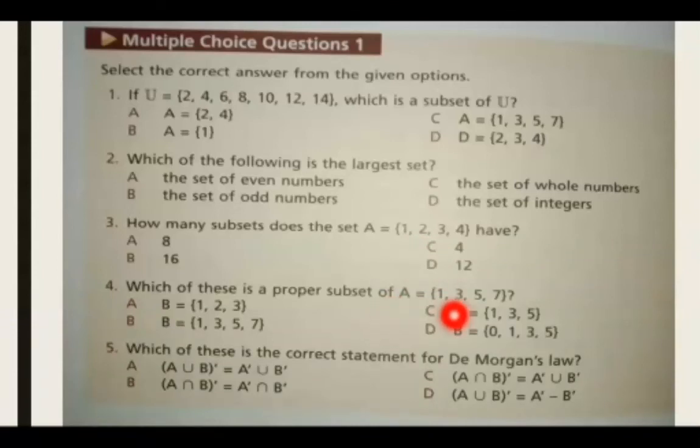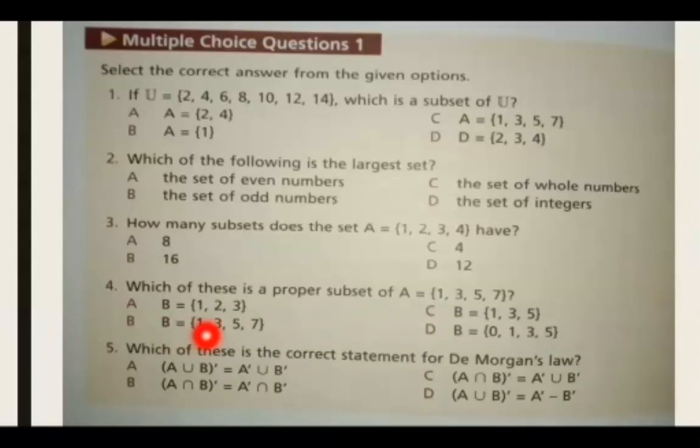Set A is equal to {1, 3, 5, 7}. Now we will see which is its proper subset. Check option A. In option A, set B is equal to {1, 2, 3}. These elements of B are not all in A because the element 2 is not an element of set A. So this is not a subset of the set A.